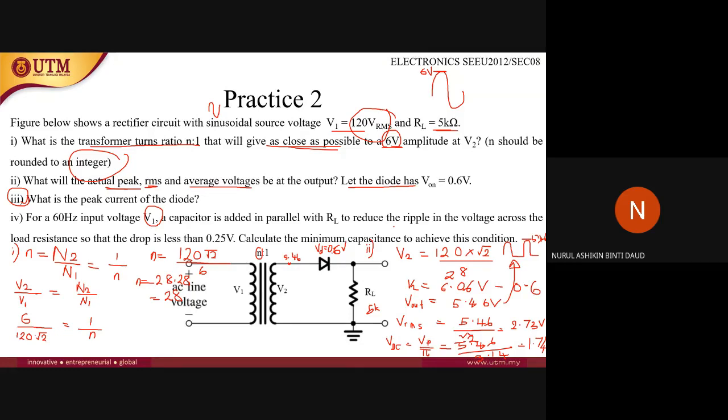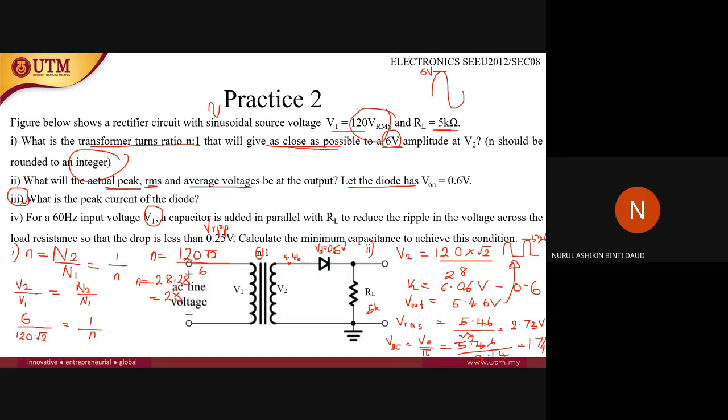To reduce the ripple in the voltage across the load resistance so that the drop is less than 0.25 volts, calculate the minimum capacitance. This is the value of the VRPP, the voltage ripple value, which is 0.25 volts.